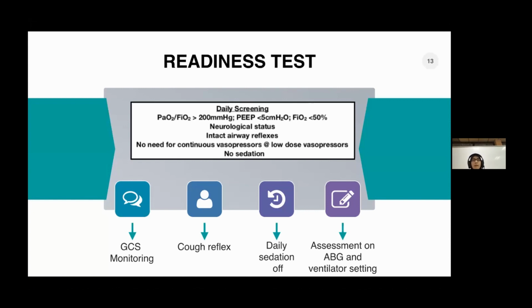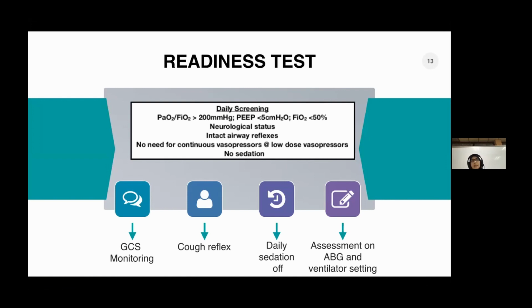The patient has intact airway reflexes, meaning that if you test for the cough reflex, the cough reflex is present. They have no need for continuous vasopressor, or if there is a need, it is very low, meaning that the patient is on a low dose of vasopressor.